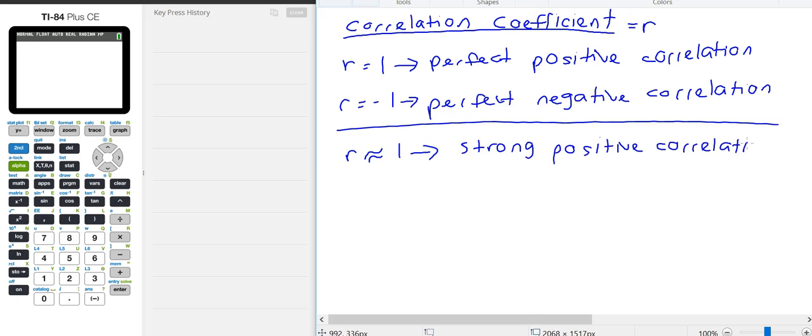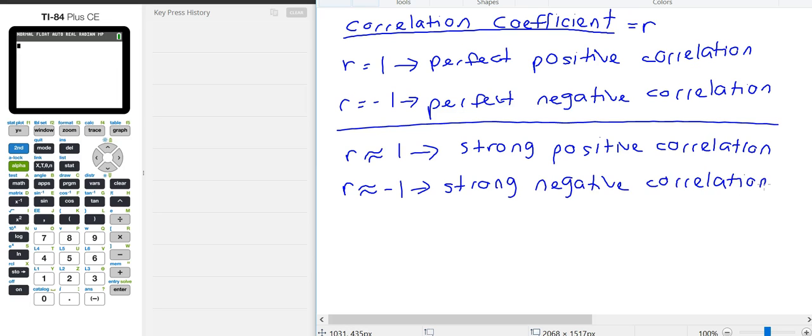That means that the line of best fit doesn't pass exactly through each of the points of data, but it's very close. If R is around -1, let's say it's -0.8 or -0.9, that means that there's a strong negative correlation between the variables, where the line of best fit doesn't pass exactly through the points, but it also passes very close, but in this case, the line is going to have a negative slope instead of a positive slope.